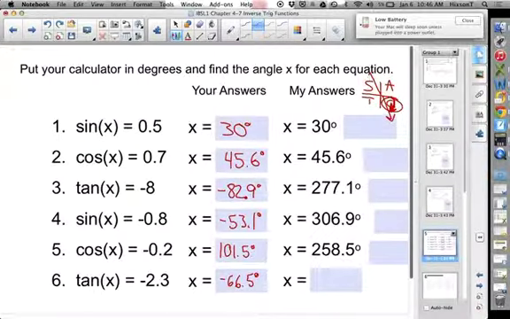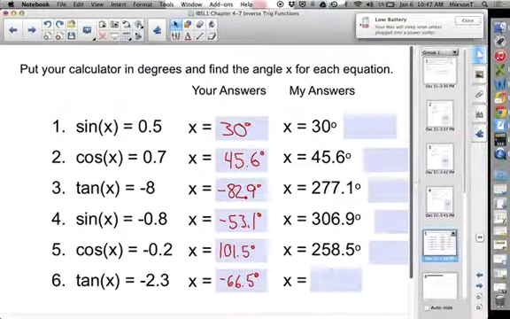So if we went 82.9, where else is tangent negative? Over here in the second quadrant. If we use the same reference angle, we would get 96.1 or 97.1 degrees. That would also have a tangent equal to negative 8. What about the fifth one, where it's 101.5 here?